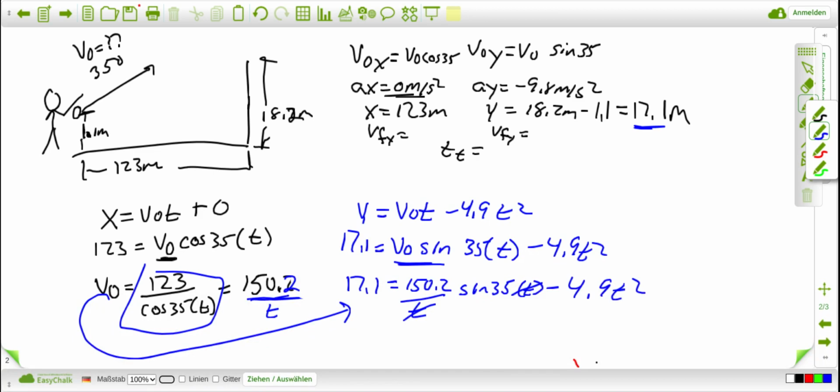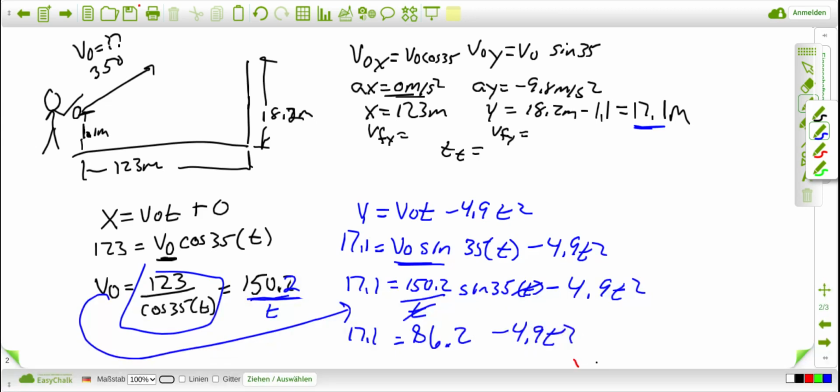So simplify this thing down to 17.1 is equal to 150.2 sine of 35, which is 86.2, minus 4.9 t squared.